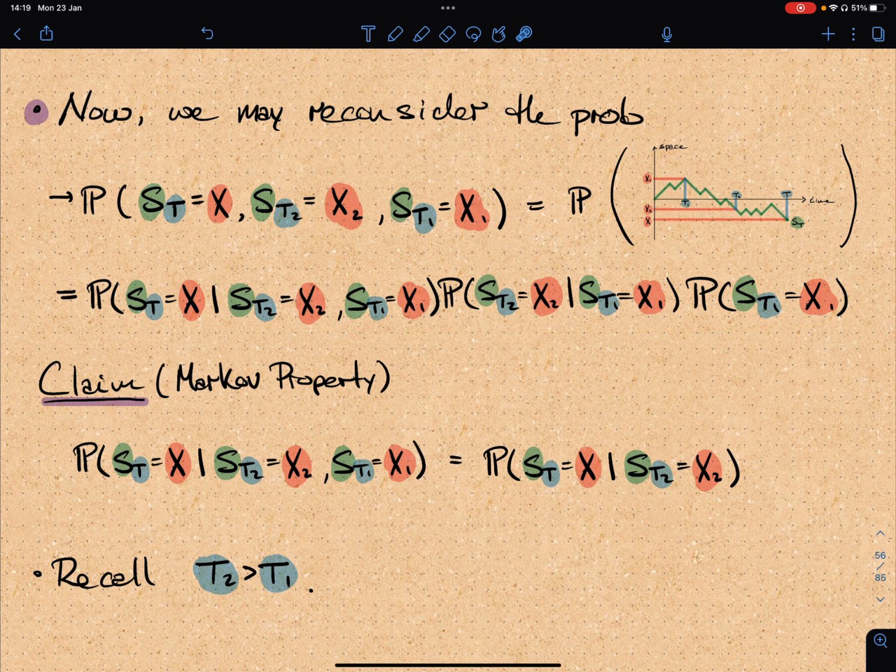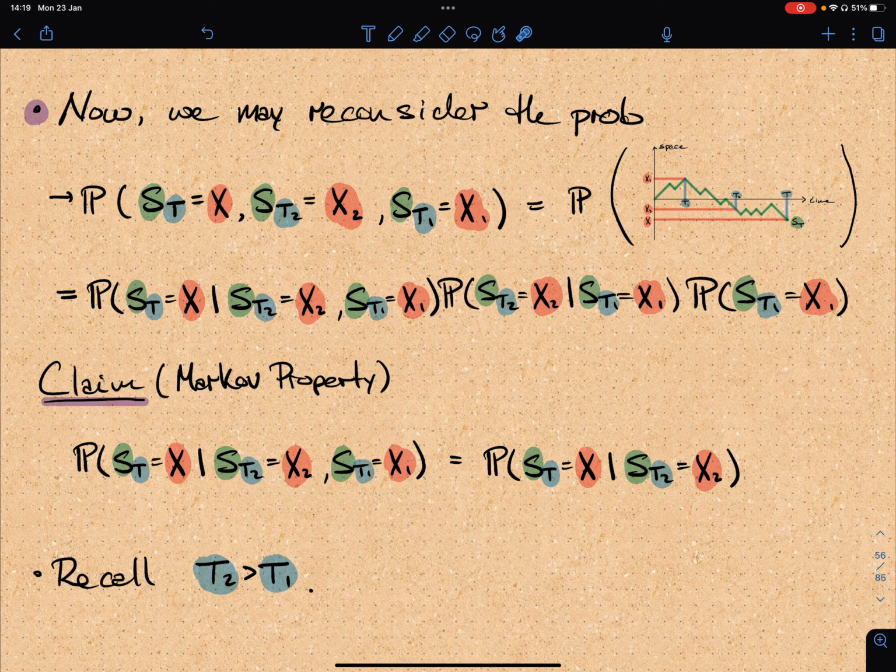And what we claim now is that we can simplify this conditional probability using independence. And this actually goes by the name of the Markov property.